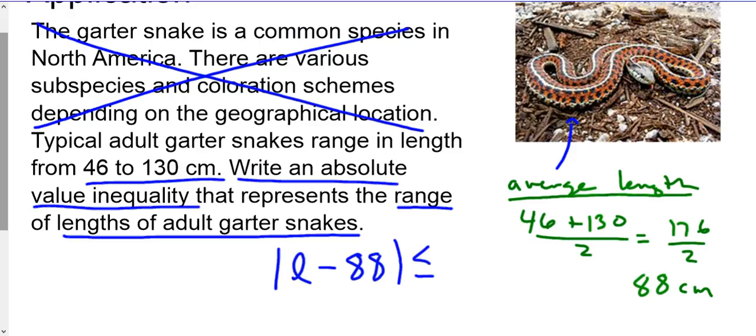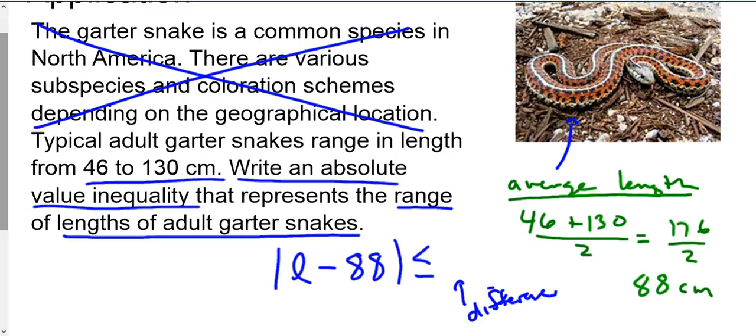We're going to figure out by looking at what our two values are. We have 88, and what's the difference between 88 and 46? That is going to be our difference.